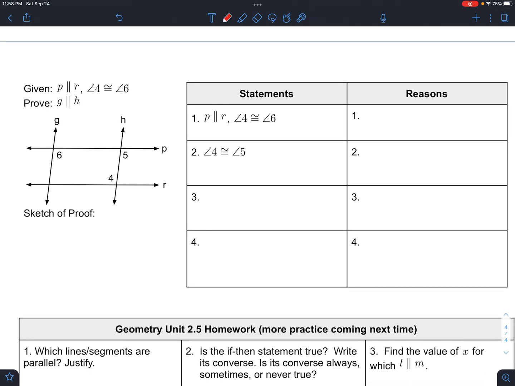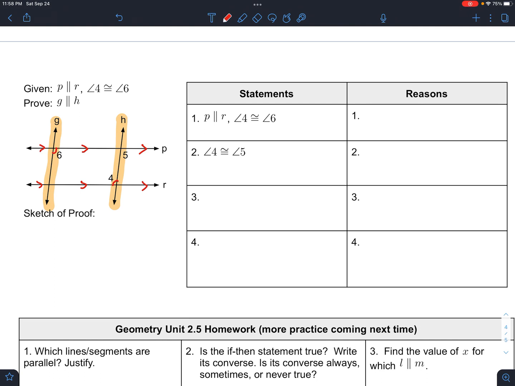So, like for this one, we're told that these are parallel, so definitely do lots of markings so you know. And then we're also told that 4 and 6 match. Okay? And we want to show that these are parallel. Okay?